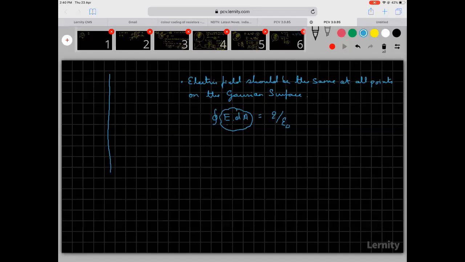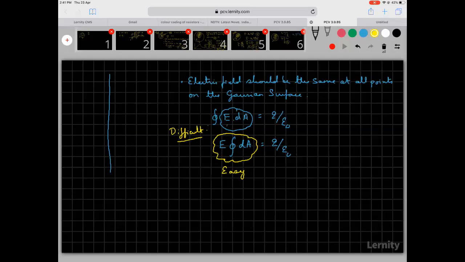So, to simplify this, suppose E is the same everywhere on the Gaussian surface. E can come out of the integral because then E becomes a constant. So, E integral dA becomes Q by epsilon naught. Now, it is easy for me to perform this integral. This is easy. This is very difficult. Literally impossible. I don't know so much of maths.